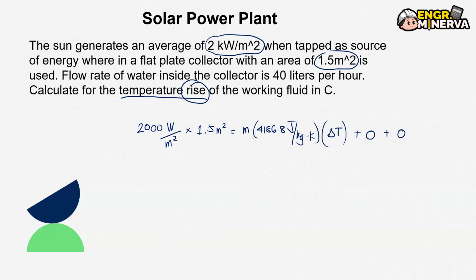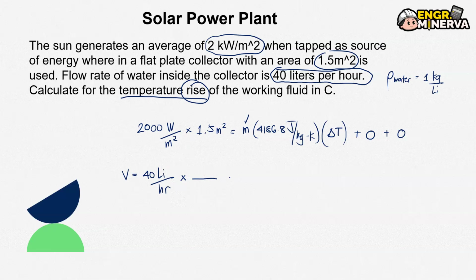So what we need to find now is the mass of water. The given here is the volume flow rate, that is 40 liters per hour. Since given the volume, we will convert our volume into mass. So we will use our density. What is the density of water in terms of kilograms per liter? The density of water is 1 kilogram per liter.